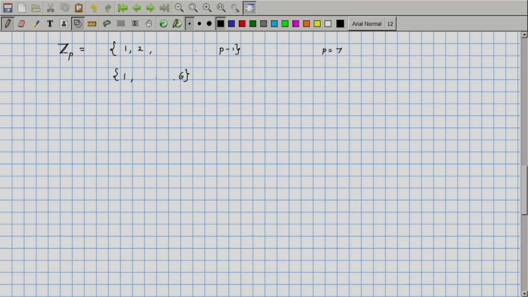Of course, if you add 5 and 6, you will get 11, but that is not one of the elements of ZP. Here the operation we are going to redefine: we will have mod 7 multiplication. We can represent this entire thing by a table.